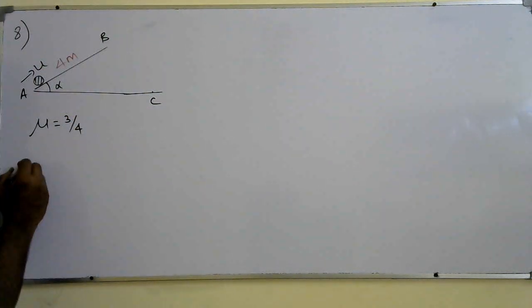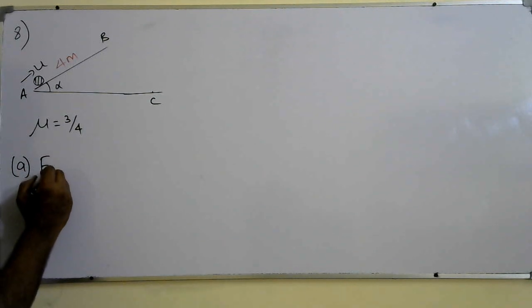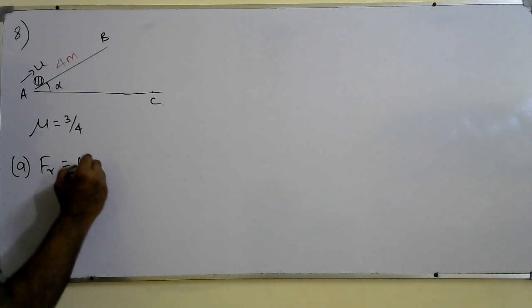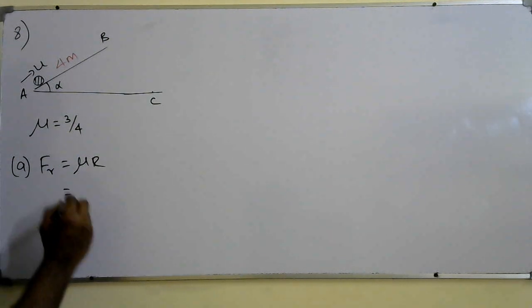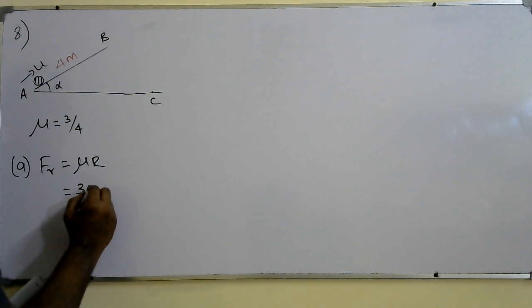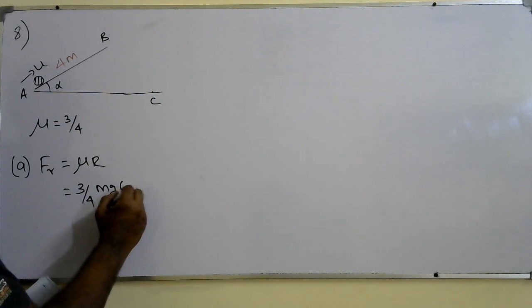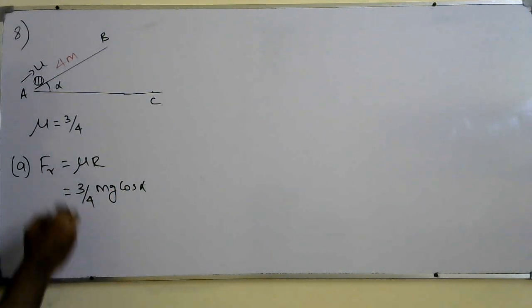So for part A, find the work done against friction is the question. The friction F_r equals mu R. Mu is given as 3 by 4. R is equal to mg cos alpha. We know tan alpha is given as 1 over 6.